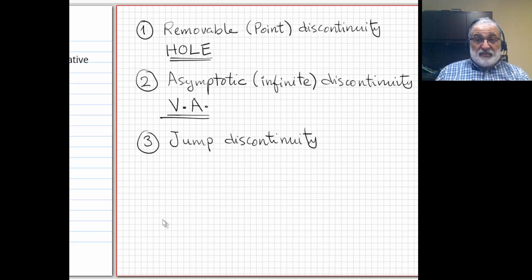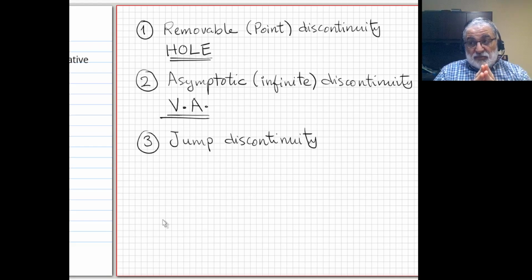The function can be defined if it's defined piecewise. But if it's discontinuous, now we have a bigger category. If the function is discontinuous at any point, it has to be non-differentiable at this point, which means the derivative at this point does not exist.